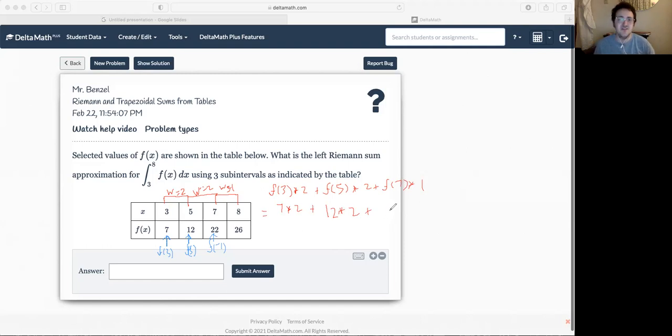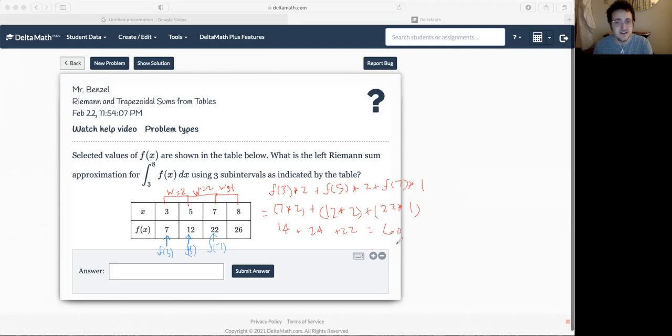All right, and then we have f of 7, which is 22 times 1. And then we just go forth and compute each area. This is going to be 14. This is going to be 24. And that's going to be 22. So let's do a little bit of mental math here. It's going to be 46 plus 14.